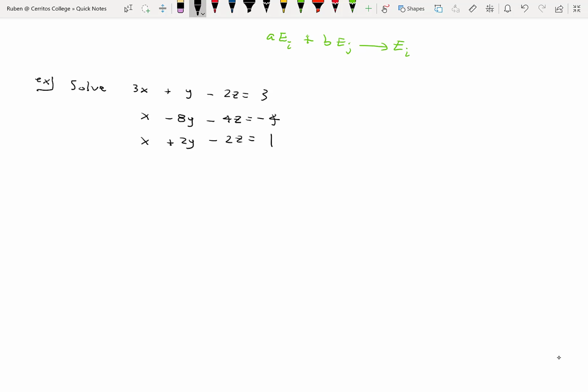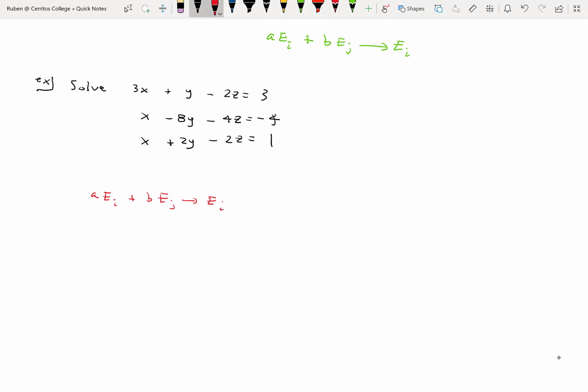So what I'm going to do is use that third operation: a times equation I plus b times equation J and put it back into the position of equation I. And I'm going to use that for equations 2 and 3. I'm going to get rid of the x's below the 3x.